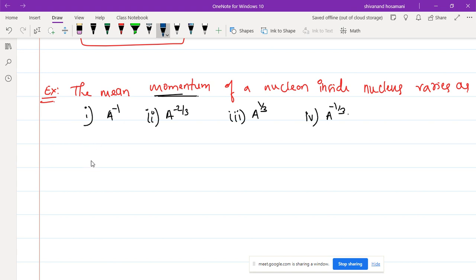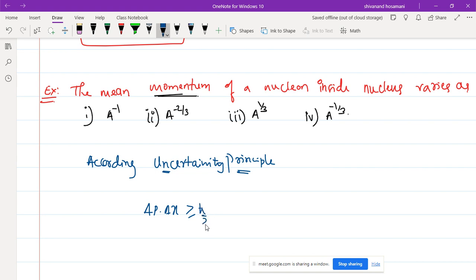According to the uncertainty principle, what do I get? What we write is delta p into delta x is greater than or equal to h cut by 2.